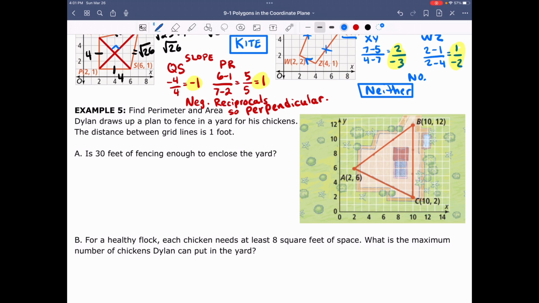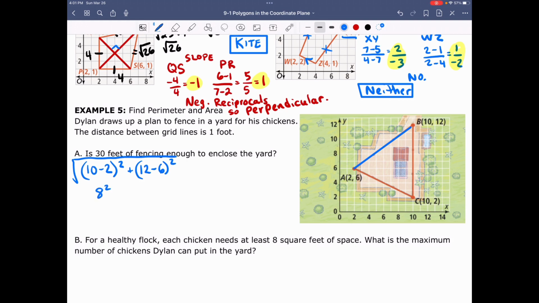So we need to figure out the distance from A to B first. What would that distance be? Well, we have to subtract the x's, 10 minus 2, square it. We have to subtract the y's, 12 minus 6, square it, and take the square root. 10 minus 2 is 8.